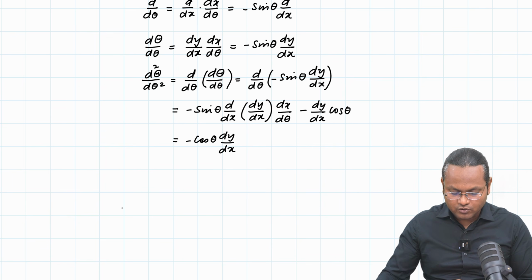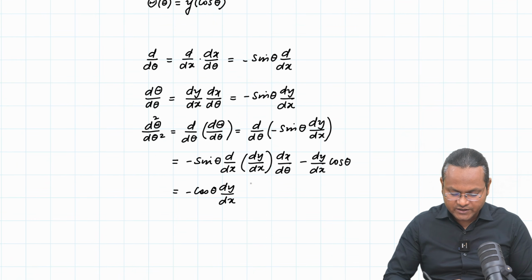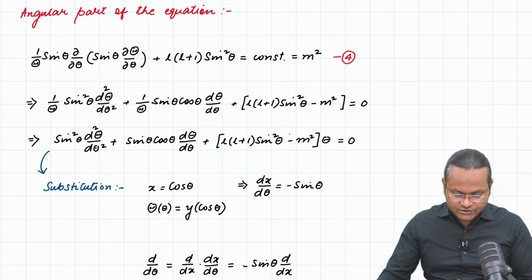And what is dx/dθ? It's minus sin theta. So this becomes minus minus plus sin square theta, and you're left with d²y/dx². All right, so we have these expressions which I want to substitute in our equation number 4.